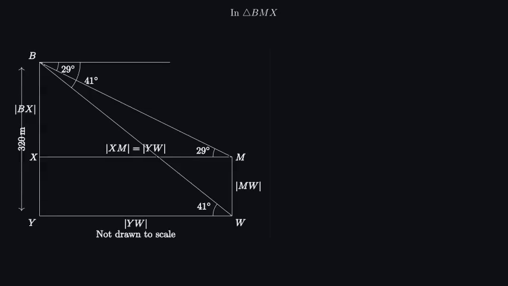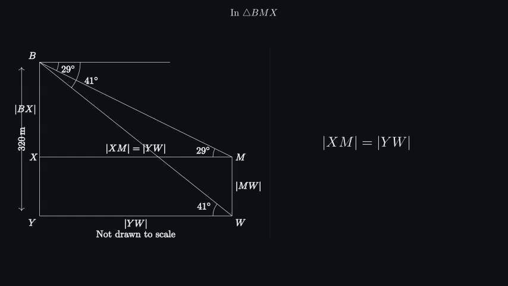Now we use triangle BMX. This triangle involves the top of the other building. The horizontal distance, length of XM, is equal to length of YW. So, length of XM equals 368.1183 meters. The length of BX is the vertical difference between the top of the first building and the top of the second building.